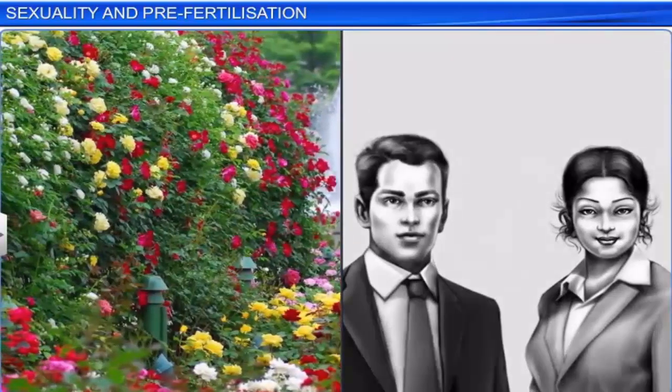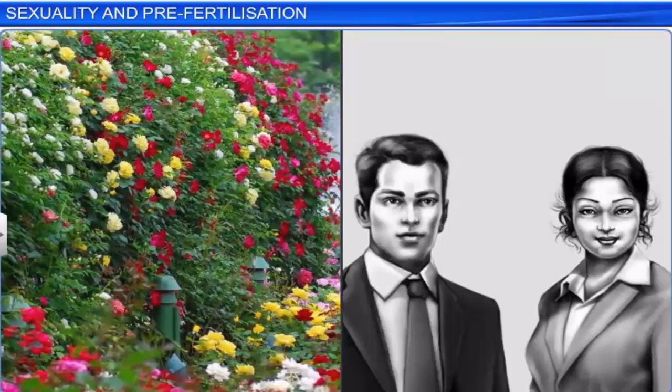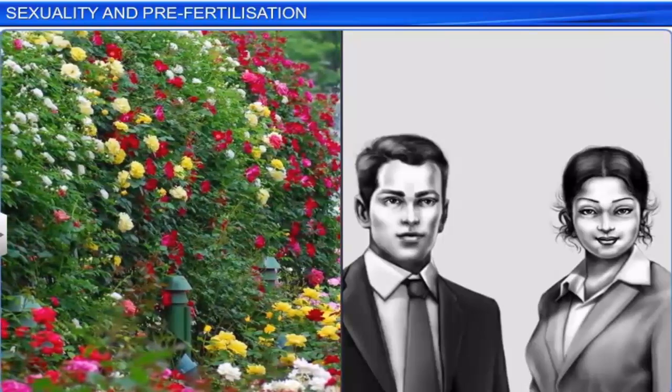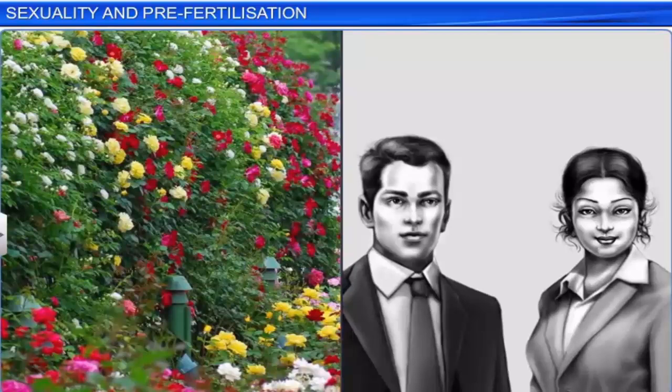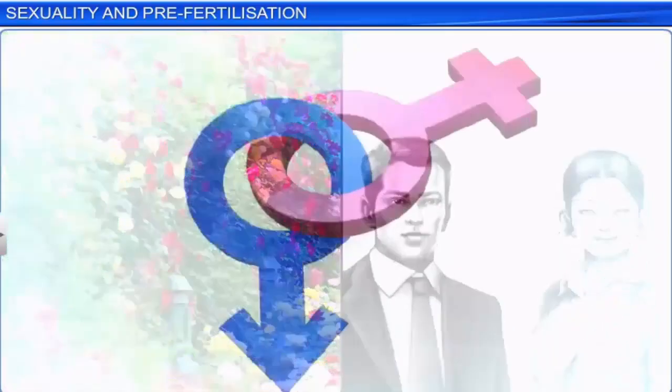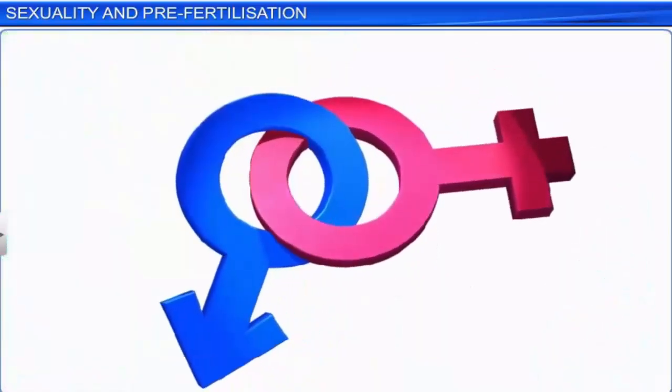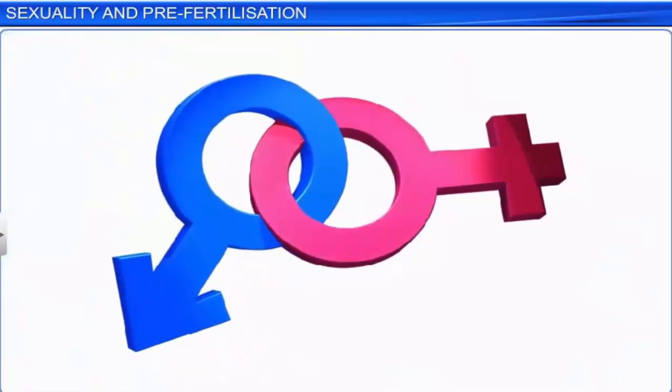While plants depend on water and wind for gamete transfer, unisexual animals such as human beings have developed a special mechanism called copulation for gamete transfer.